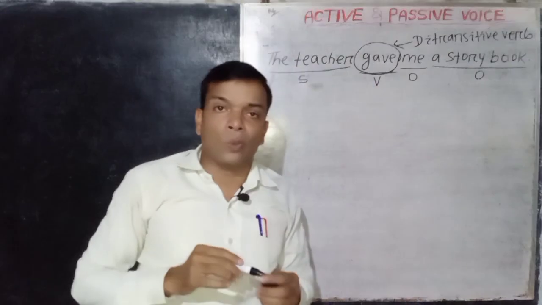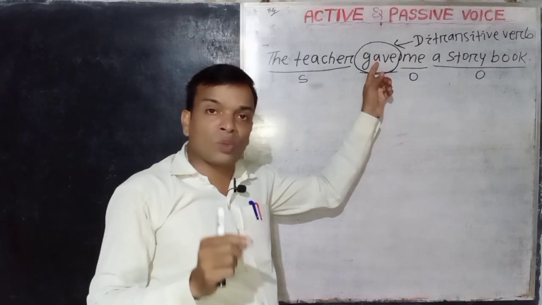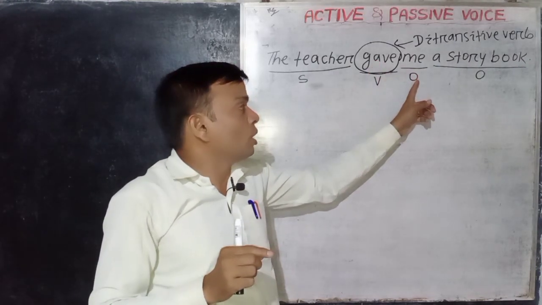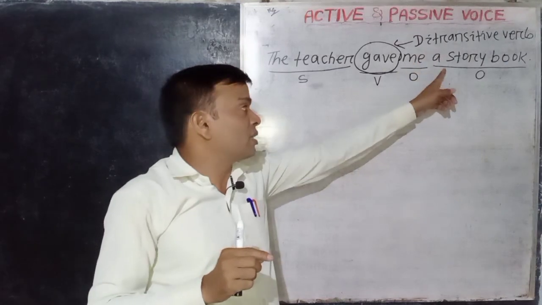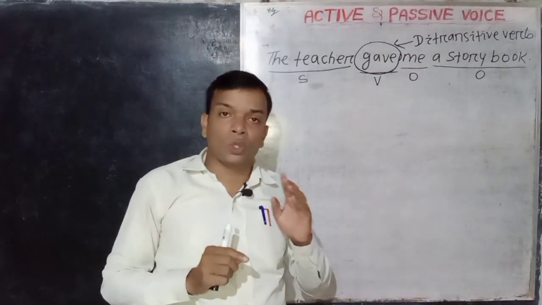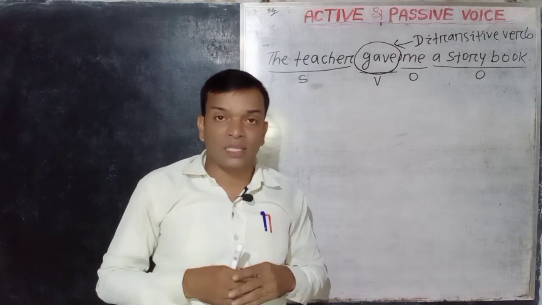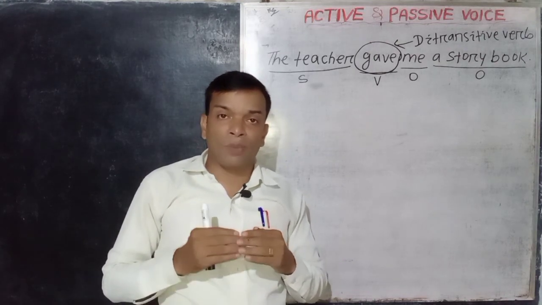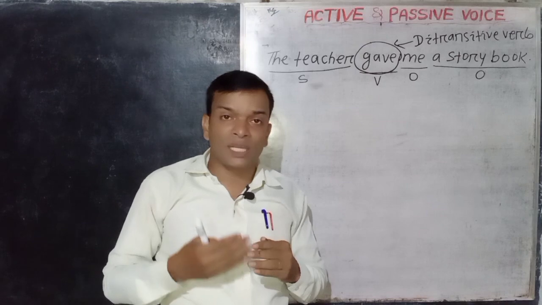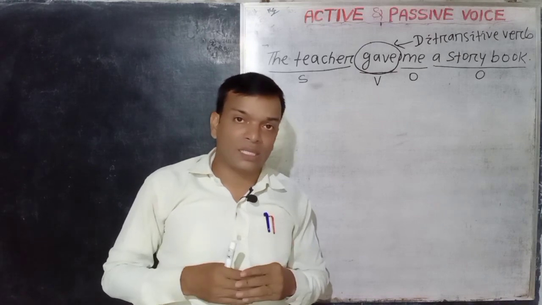Di means two. That means after this verb gave, there are two objects, one is me and another is a story book. So a verb which carries two objects after it is called the ditransitive verb.